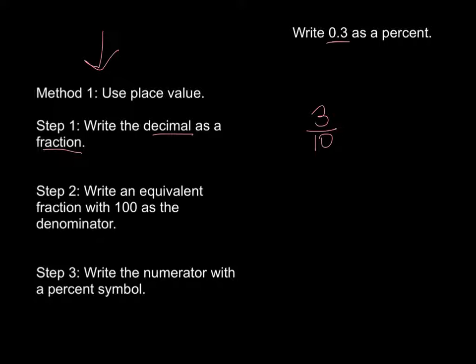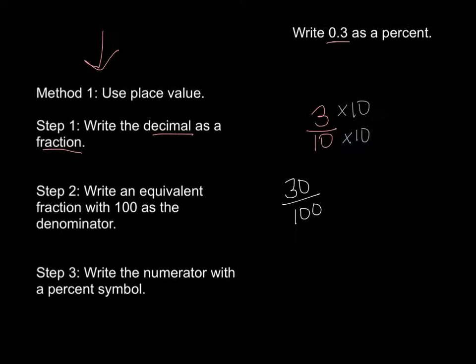This is where it's saying if you know you can multiply the numerator and denominator by the same number and get the denominator to equal 100, then this would be an easy route to go. I see that I can multiply by 10, multiply by 10, and then I would get a numerator of 30 and a denominator of 100. Okay, check.